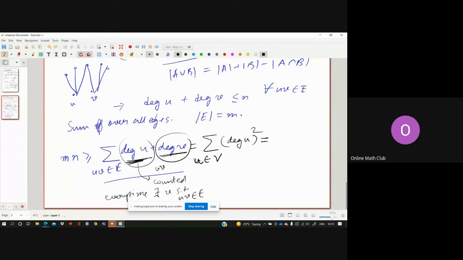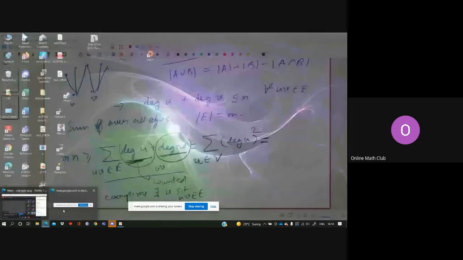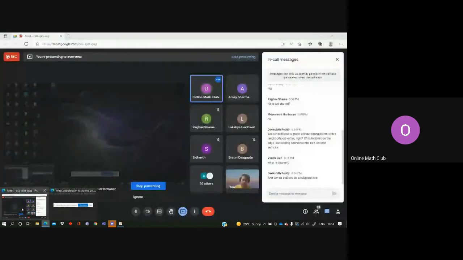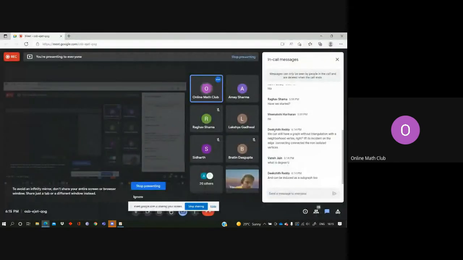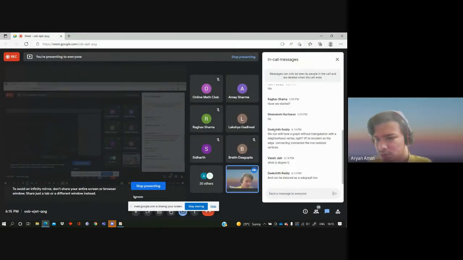I'll just read out what somebody has written in the chat. Dikshit says, we can still have a graph without triangulation with a neighborhood vertex if and only if it's incident on the edge. I don't really get what that means.